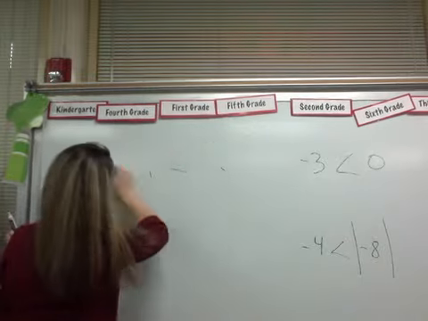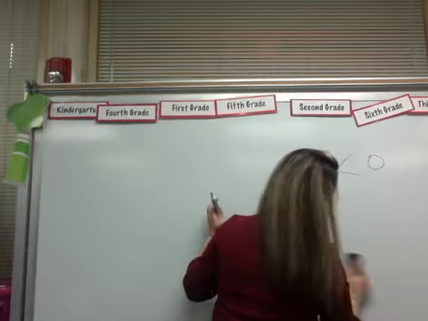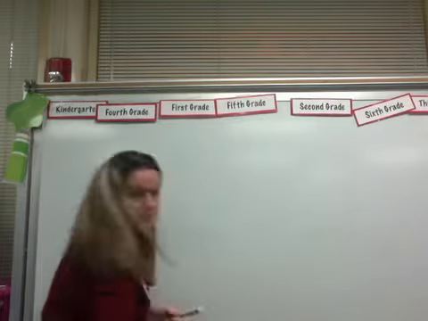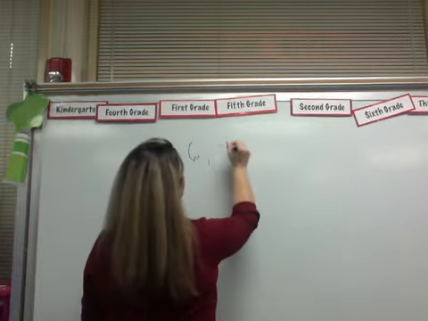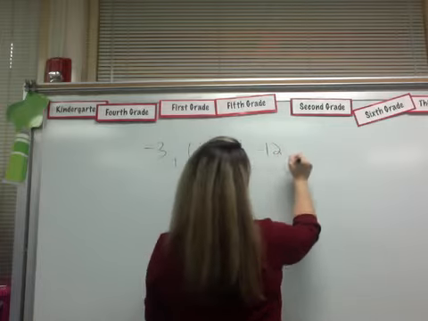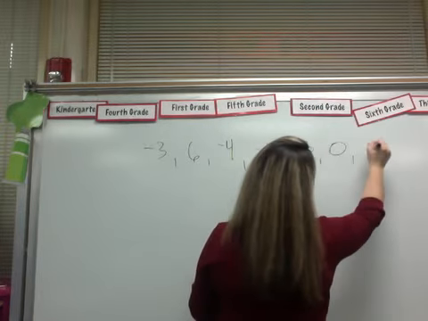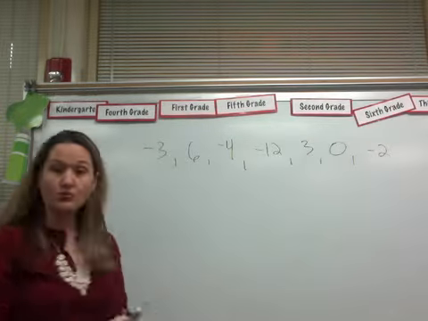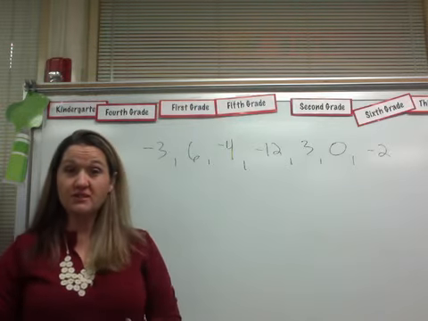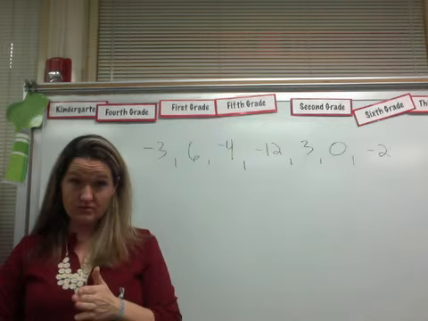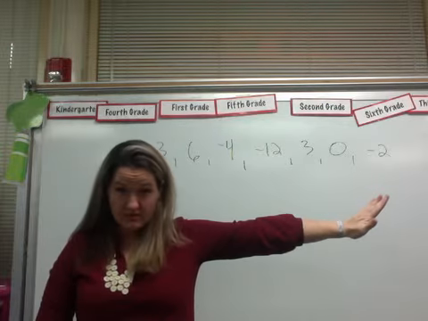Now let's work on ordering. I'll just give you some numbers. We're going to order from least to greatest. Remember, least is the number that is below 0 and the furthest away from 0.